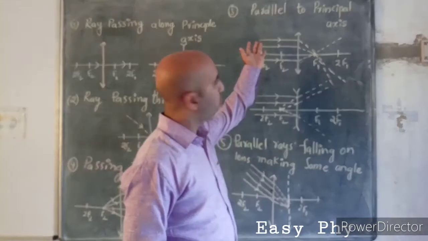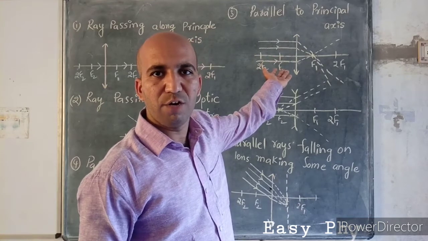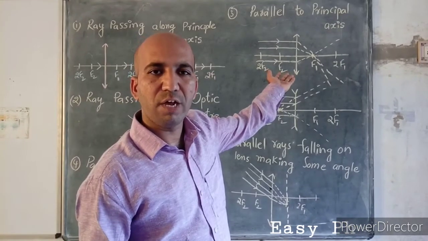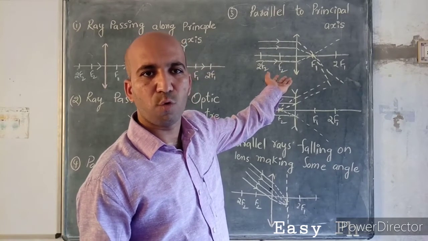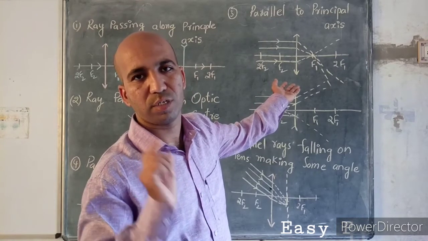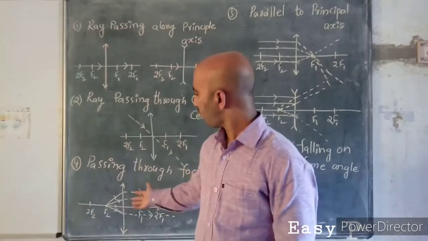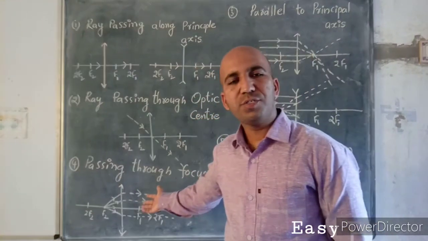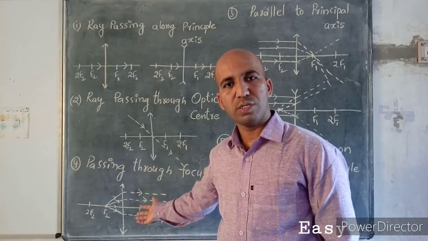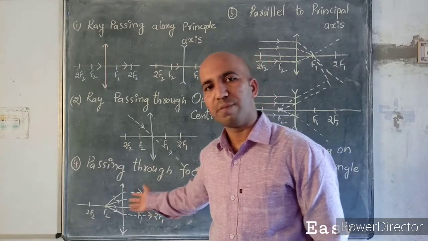Third case, when the light rays are passing parallel to the principal axis, they will converge at the focus for a convex lens, and for a concave lens they will appear to diverge from the focus. And the fourth case, when a light ray is passing through the focus, after refraction, it will be parallel to the principal axis.